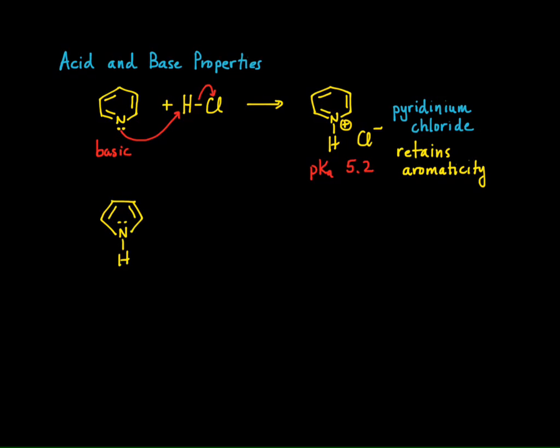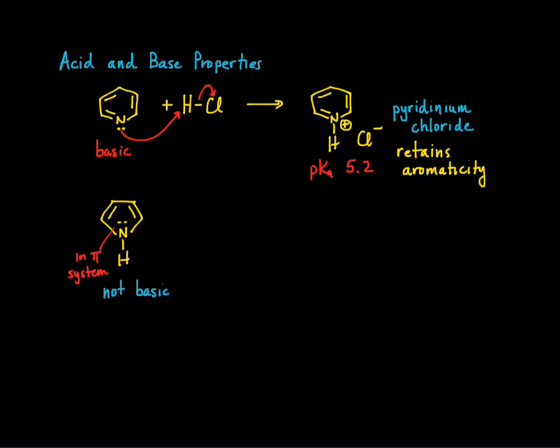When we look at pyrrole, we see pyrrole has very different basicity properties. And in fact, I would go so far as to say that it's not basic at all. And the reason for this is because the electrons that we would initially think about donating would be on that nitrogen.